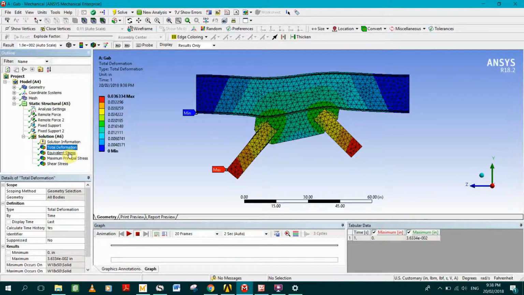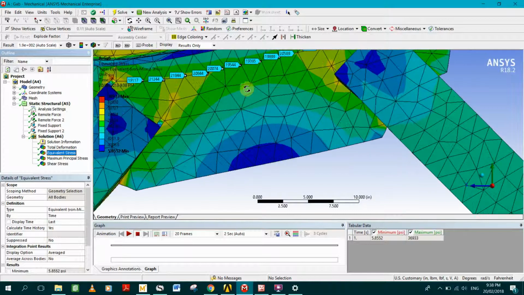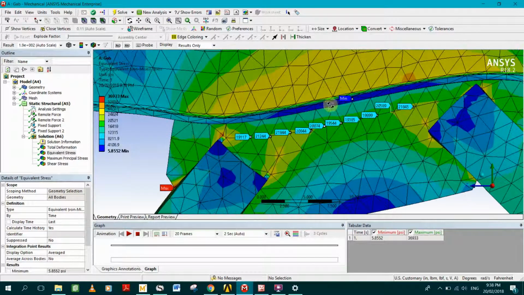So now we will look at the equivalent stresses, or the von Mises stresses. Taking the stresses along this section, we have these values, and if we average these values, it will be somewhere around 20 to 21 KSI.